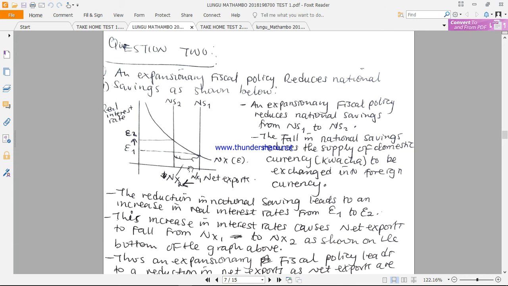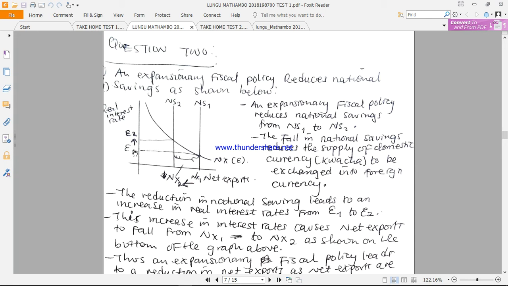All right. Now that the government has removed the little savings you had as an economy, we expect a reduction in the supply of kwacha, and now that the supply of kwacha is reduced, we expect the exchange rate to increase from the smaller one to a higher level.